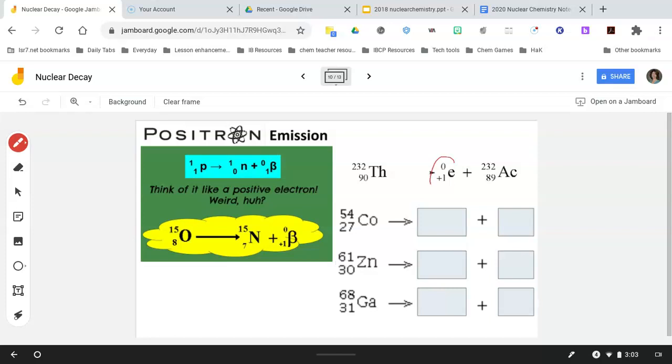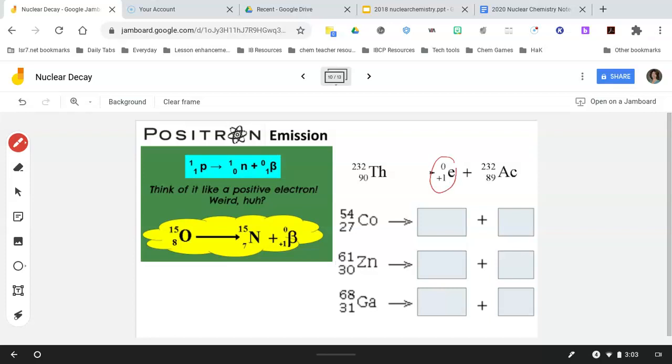All right, the next and fourth piece or particle that we're going to talk about, it's called a positron. It's a positive electron, or you can think of it as the positive charge off of a proton. So let's look at positron emission. It's like losing a positive charge. So my positron particle looks like this.